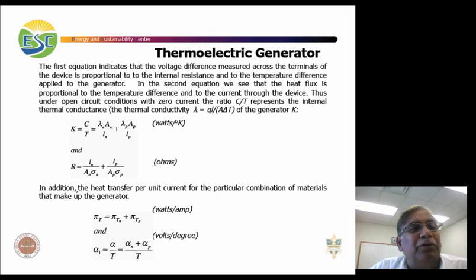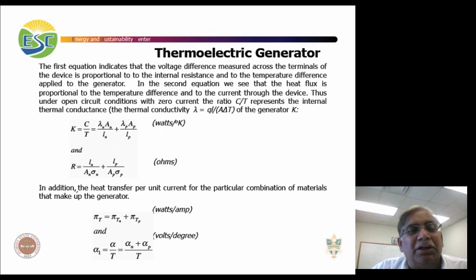Under open circuit condition with zero current, the ratio C over T, that is the K over T, represents the internal thermal conductance of the generator K. And K is given by lambda multiplied by the cross-sectional area divided by the length for the N material, and the same thing for the P material, and it is given in watts per degree K, and the R is given by this quantity right here.